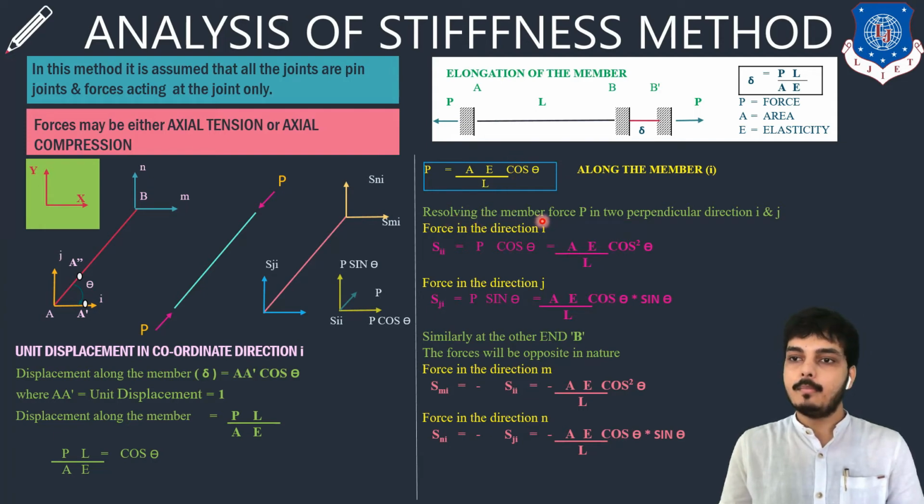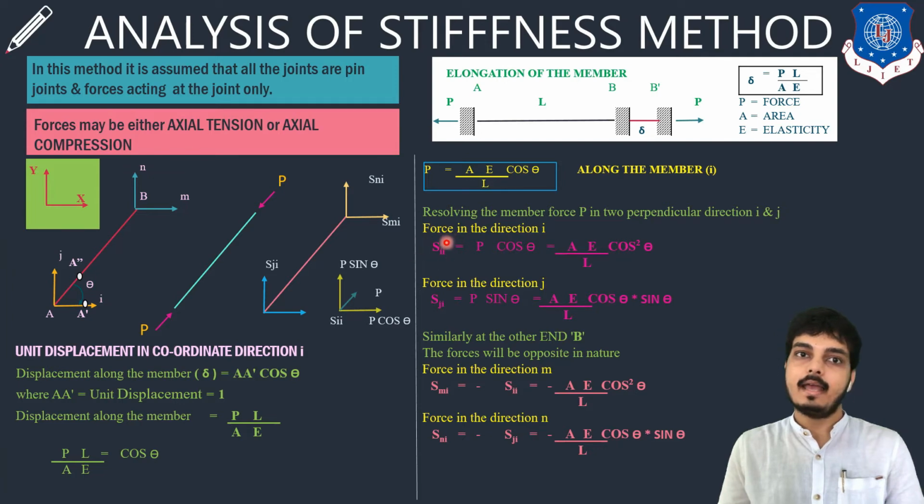Now resolving the member force P in two perpendicular directions i and j. Here it is in i direction, here it is in j direction. So force in i direction will be P cos theta as I have written over here. So P cos theta. Now what is the value of P? It is AE upon L cos theta. So AE upon L into cos theta will be my cos square theta.